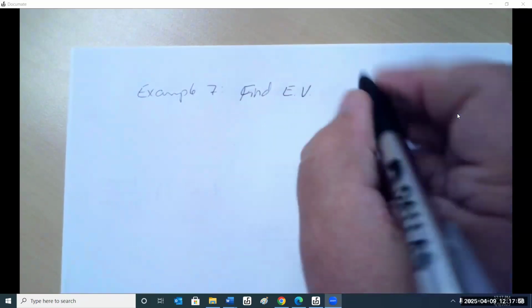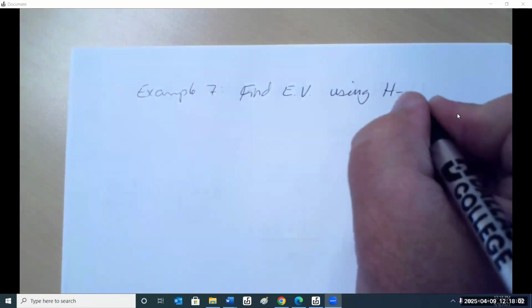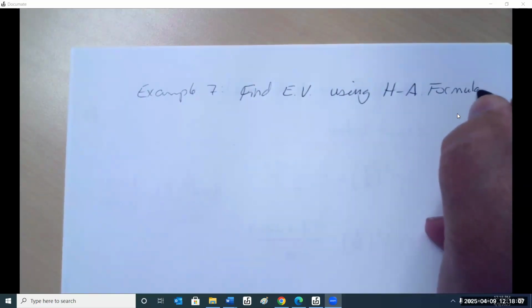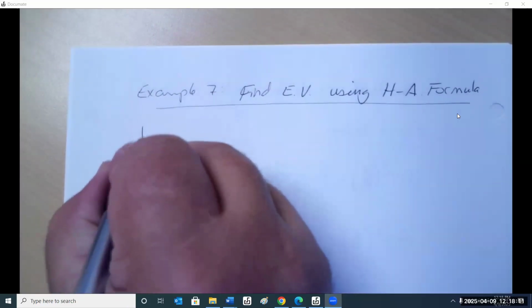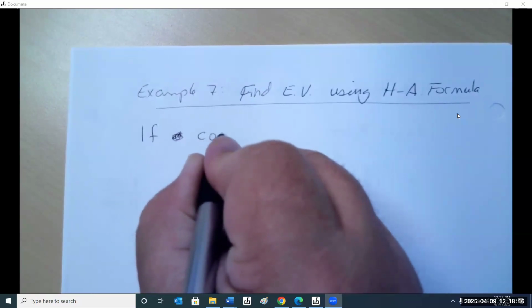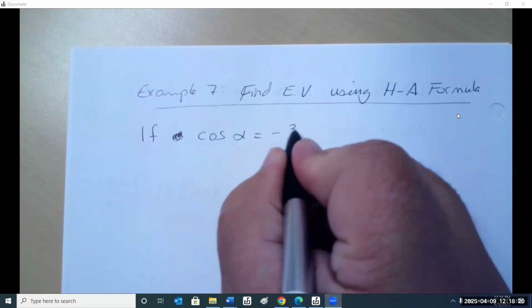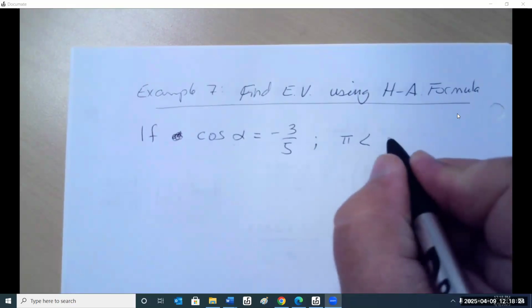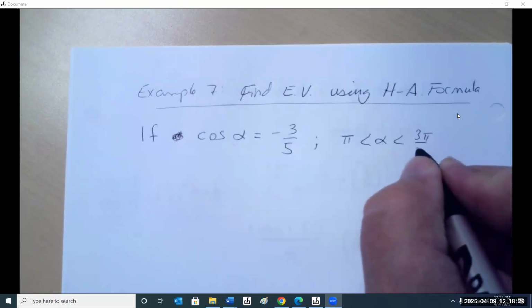If cosine of alpha equals negative 3/5 and alpha is between pi and 3 pi over 2, so it puts us in which quadrant?